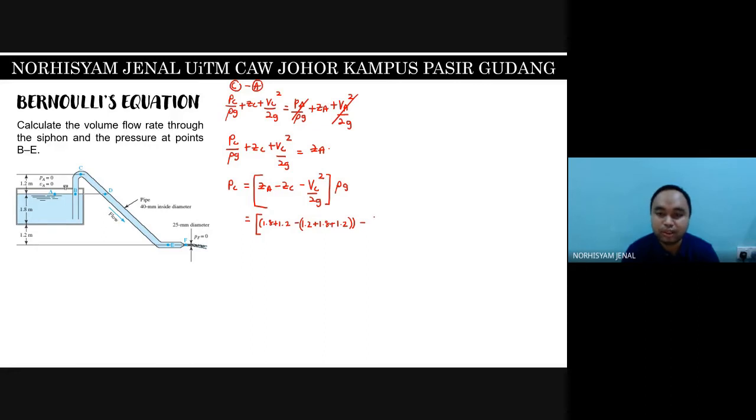V just now is 2.997 square over 2 times 9.81, multiplied by 1000 times 9.81.